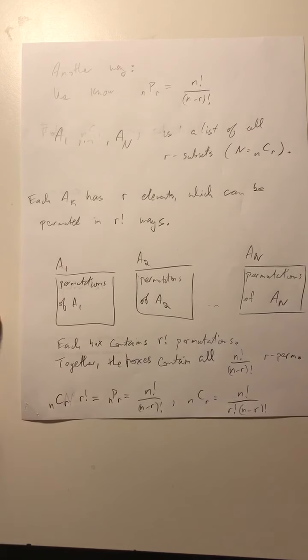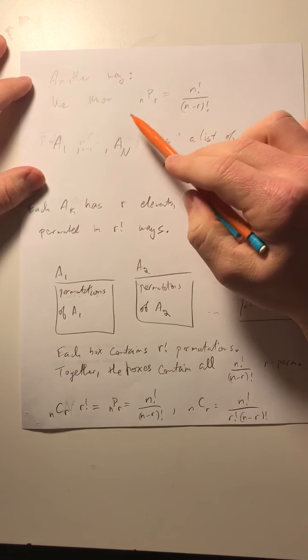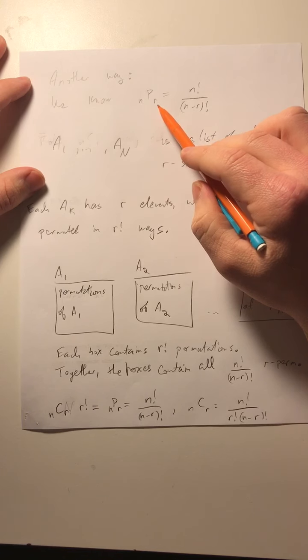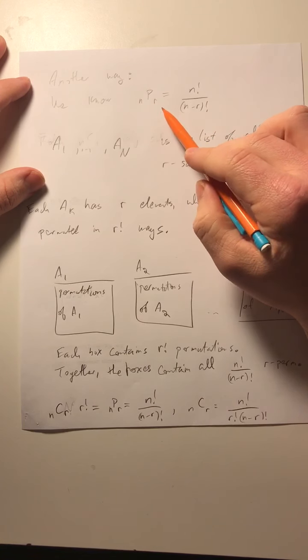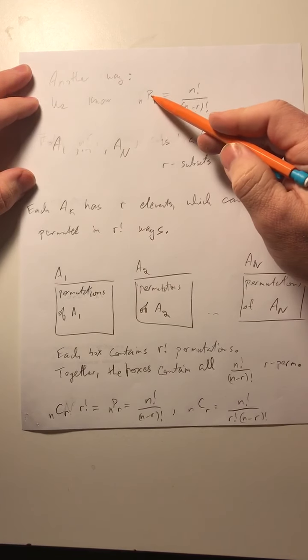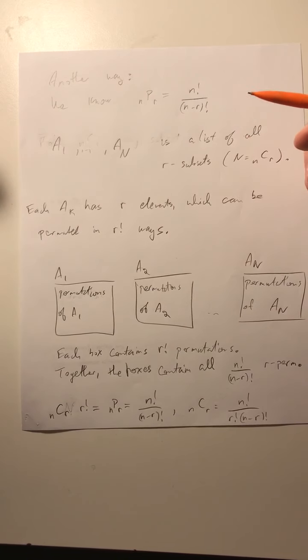So I know how many n permutations or r permutations there are of n things. I want to know how many r combinations there are of n things. Here the permutations mean order matters, and I want to know what if order doesn't matter. If order doesn't matter, then we're going to count multiple things multiple times.